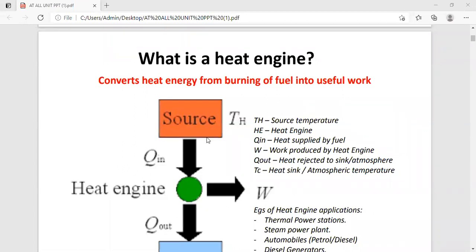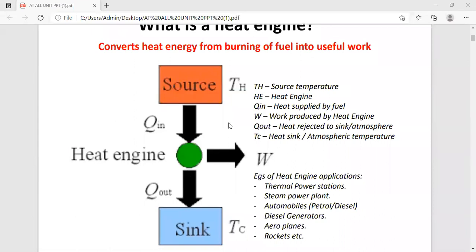Here there are two types of heat engines we are classifying. The first one is the external combustion engine, and the second one is the internal combustion engine. As you can see in this figure, this is the heat source, and from the heat source, Q in is introduced into the heat engine. Some part of the heat is converted into work, and the remaining is released into the atmosphere.